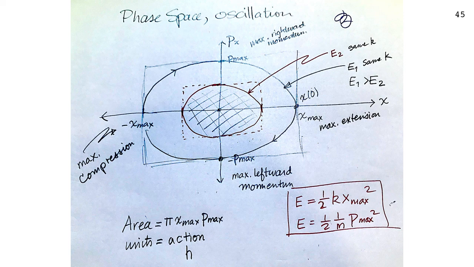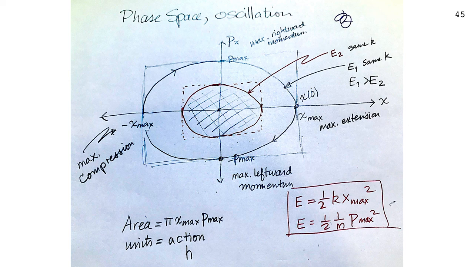So this is max rightward momentum up here. And it goes rightward until it gets to maximum rightward position. So this is max extension. This is thinking about it in terms of an oscillator.